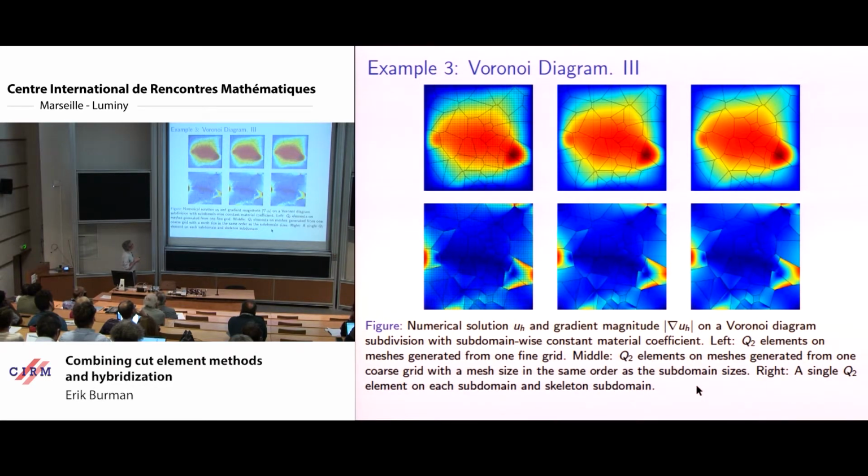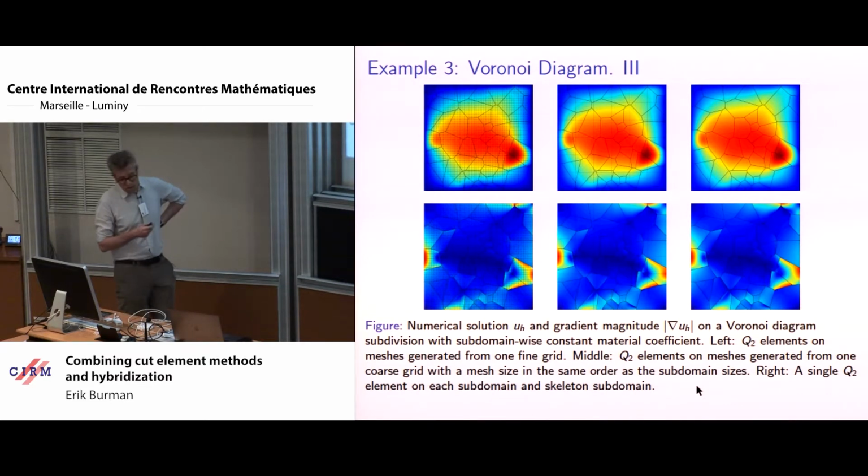But what's interesting is that, as this mesh becomes coarser, finally you end up with this mesh, where every grain is one polynomial. So this is just a DG method, hybridized DG method.